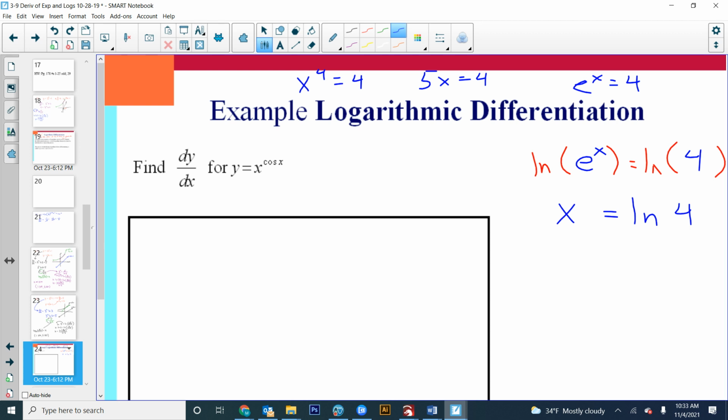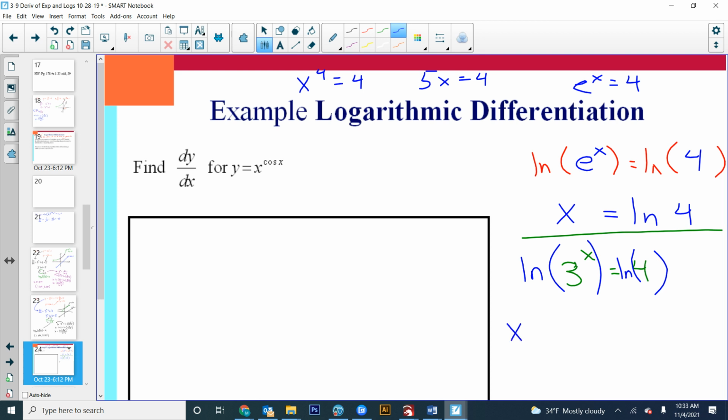What if it's, ready, new problem. What if it's 3 to the x equals 4? What would you do to both sides? Let's ln both sides. Now what, Cole? Take the x in the exponent and divide both sides by ln 3.